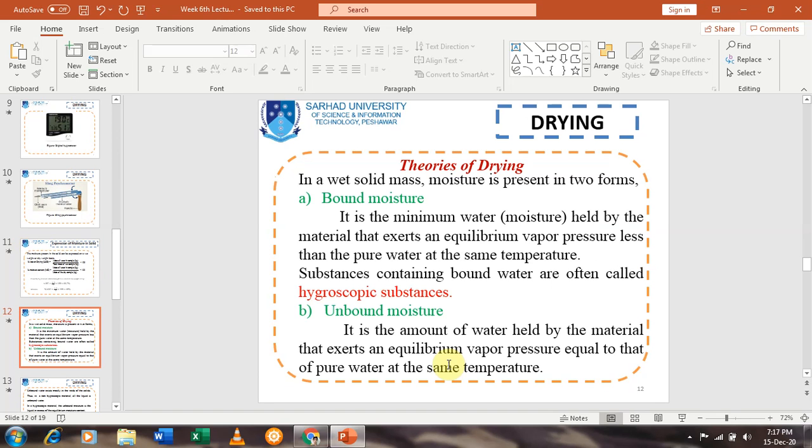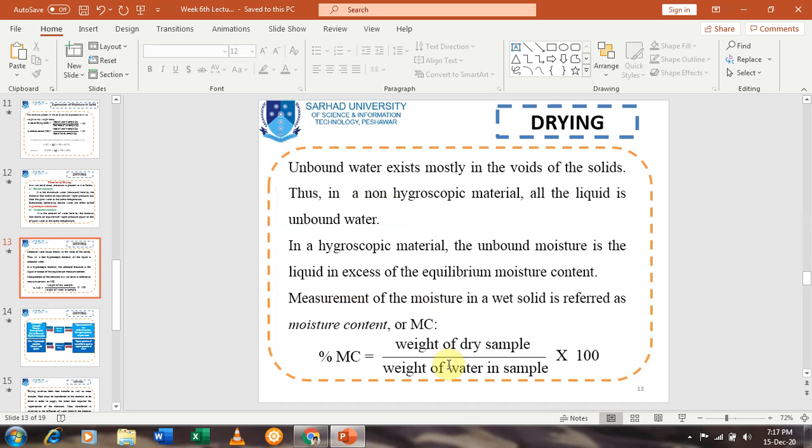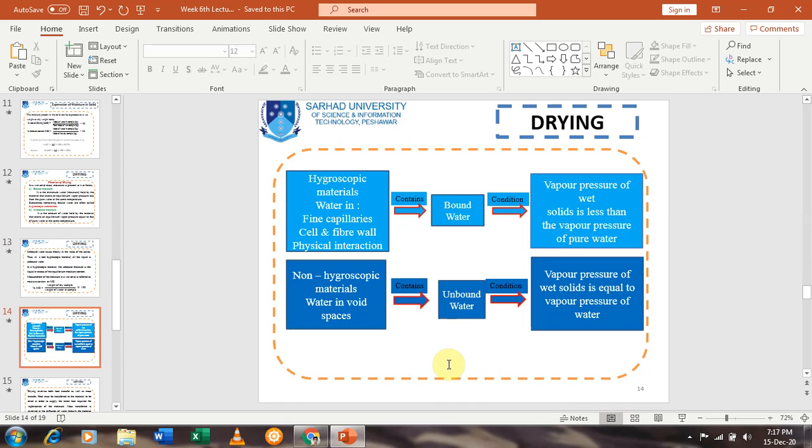Before going to the equations and the explanation of the theories of drying, we explained the bound moisture and unbound moisture that may be present in a wet solid mass, and what hygroscopic and non-hygroscopic materials are. In hygroscopic material, water is present in different forms, like in capillaries, pores, cell and fiber walls, and physical interaction, while in non-hygroscopic material, water is present in the empty spaces.